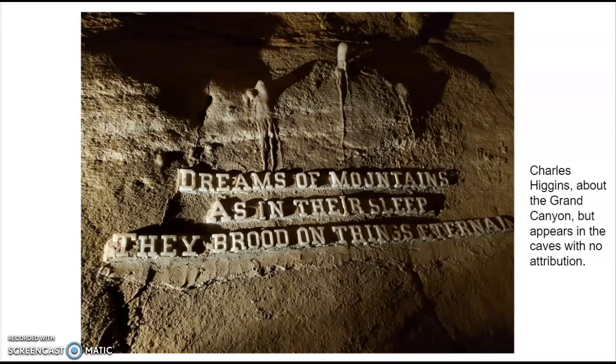But of great interest to me was the fact that on every tour for the last over 100 years, they've stopped in this very place and given credit to the white people who found the caves. They did not even give credit to the poet who they are plagiarizing right here. Interesting indeed.